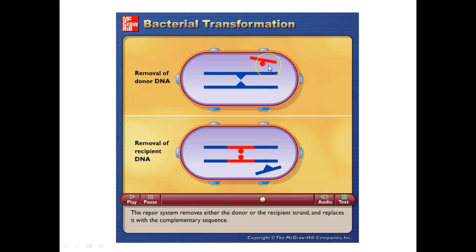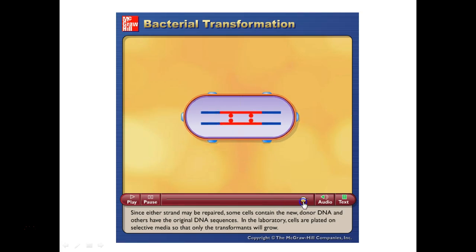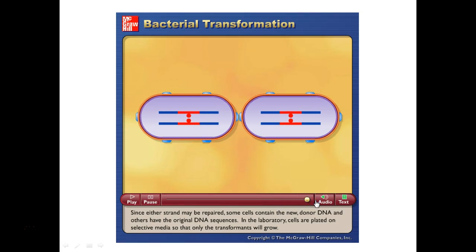Or the other choice is, I don't really want it, I'm going to kick it out. This guy, not transformed. This guy, transformed. And remember, once you get DNA, you give it to all your babies, right? So now this is going to travel vertically. She's going to give it to all her babies. All her babies are going to be ampicillin resistant.